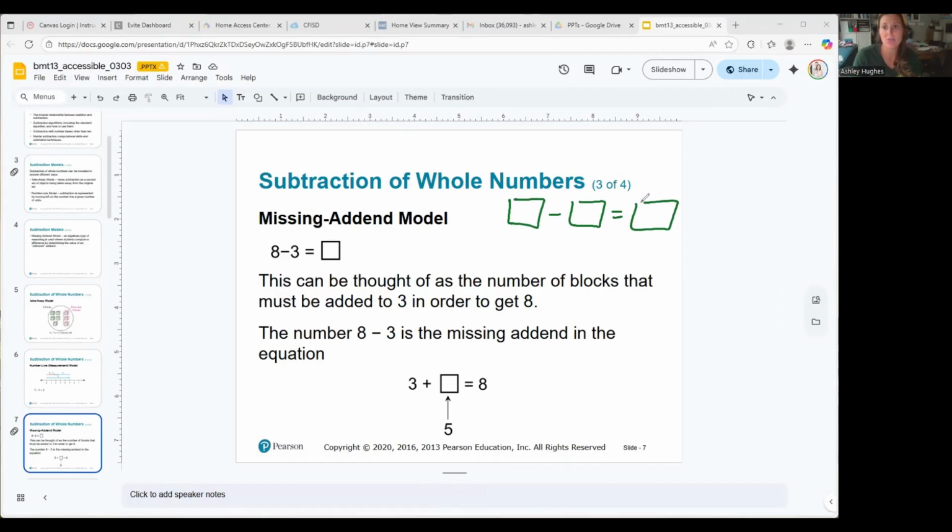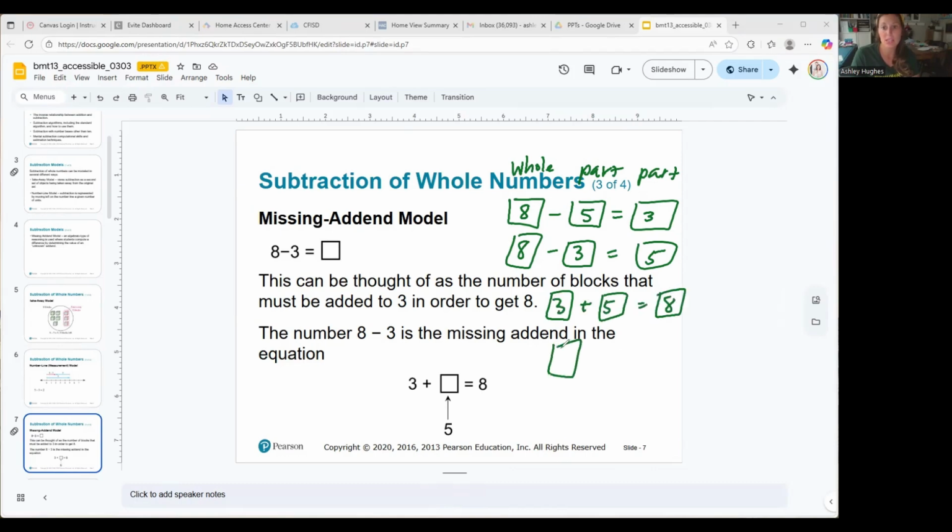so if you imagine that you have 3 Post-it notes, right? At first you have whole, and then you have part and part. And so they can see, oh, 8 minus 5 is 3, or 8 minus 3 is 5, or you have the parts that equal the whole, and they can switch these in either order, and they can see that family there.